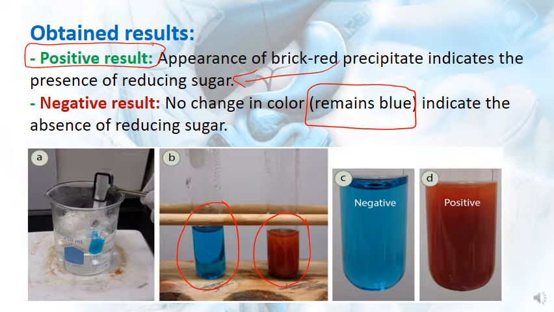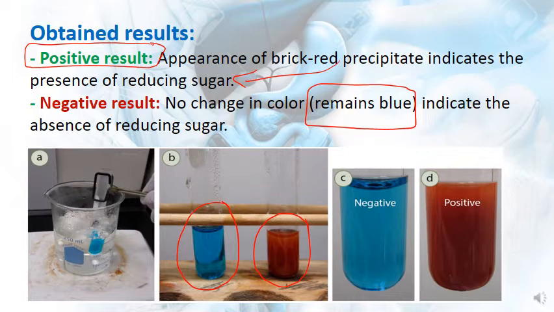So I repeat the procedure for the Fehling solution test. First, we put the food in a test tube to be tested. We add equal drops or equal amounts of Fehling A and Fehling B. Note that the Fehling solution has a blue color. Number 3, we heat the test tube gently over a Bunsen burner.